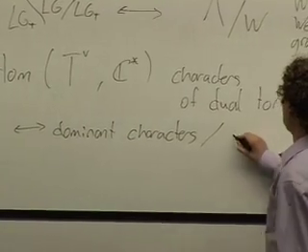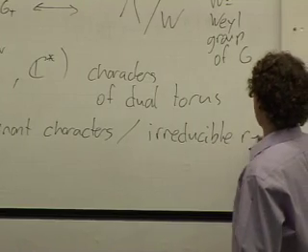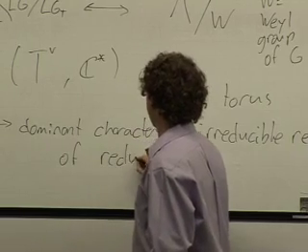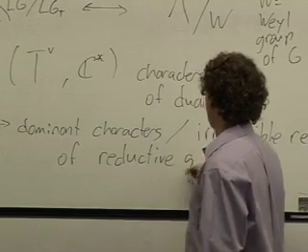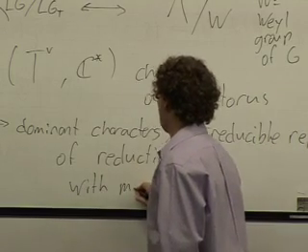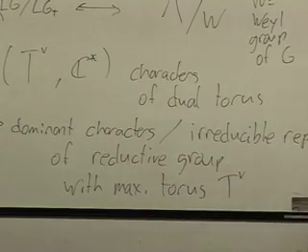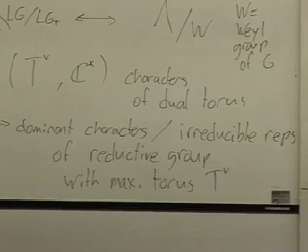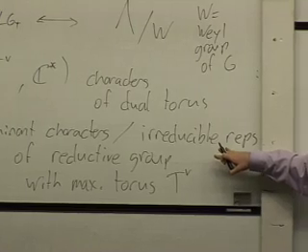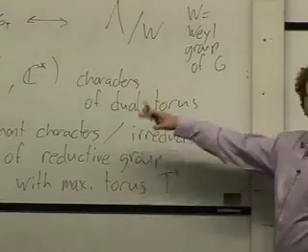or if we like our highest weight theory, we can think of these as irreducible representations of a reductive group. So if we had a nice reductive group with maximal torus T check, then its irreducible finite dimensional representations are exactly given by highest weights, which are W orbits of this form.